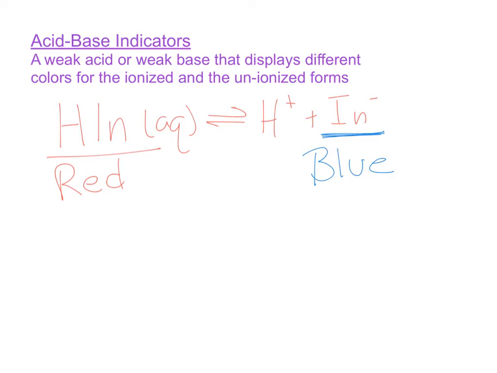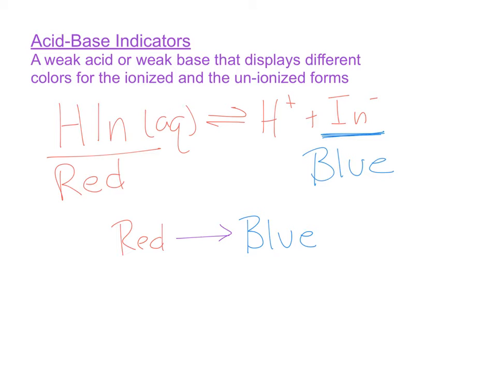And the indicator tells us when it switches from red to blue, when you have achieved or gone past equivalent moles of each. So for this generic indicator, when you transition from red to blue, you have gone past the end point, okay?